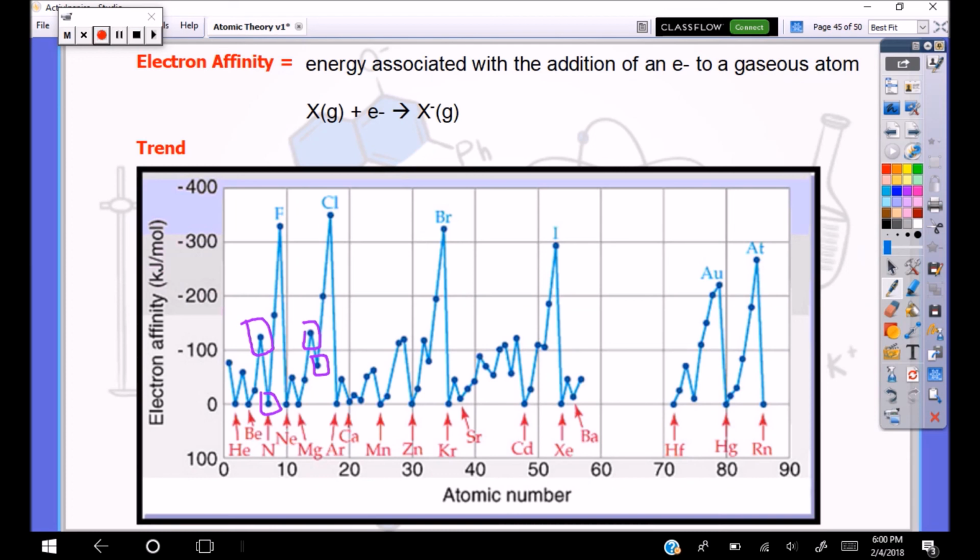Electron to electron repulsions cause a lot of issues with this trend. As we go across a period, it will increase, and that's due to the increased Zeff, or nuclear charge, and we have greater attraction for those electrons.